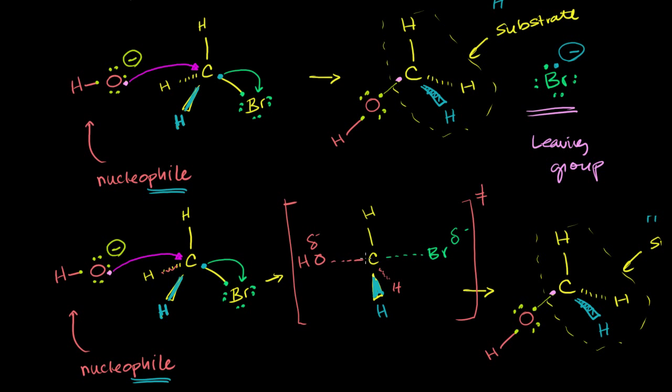This is the highest energy state of this reaction. This is what's going to determine its rate. And in this transition state, this rate determining step, you have all of the reactants. You have your hydroxide right there, and you also have your bromomethane that we started with. So it has two of the reactants. That's why it's called an Sn2 reaction.